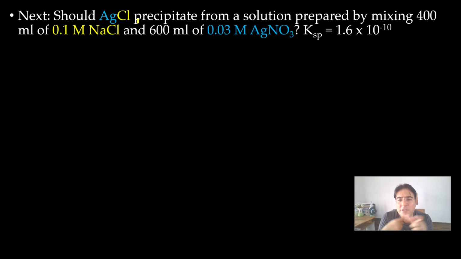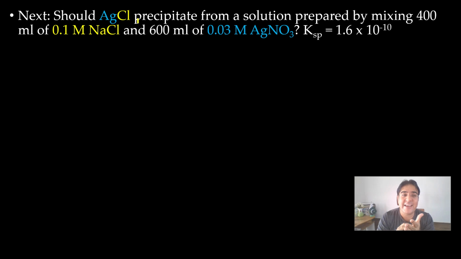So what is the volume in total? 600 plus 400 is 1000. One beaker has 400 ml of NaCl, the other beaker has 600 ml of AgNO3, and they are mixed. So when they are mixed in one container, 400 of NaCl and 600 of AgNO3 makes what volume? 1000 ml. So 1000 ml is the volume of the mixture.